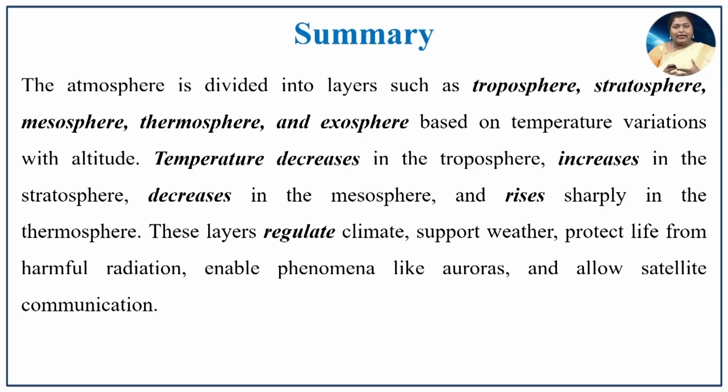These layers regulate climate, support weather, protect life forms from harmful radiation, enable phenomena like auroras and also allow satellite communication. Hope you understand the various layers of the atmosphere, its uniqueness and its importance.